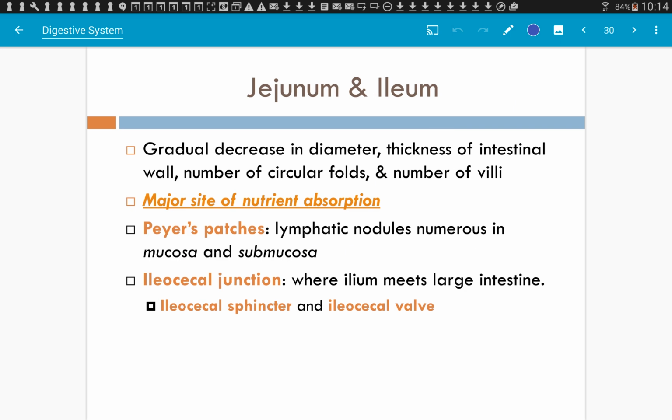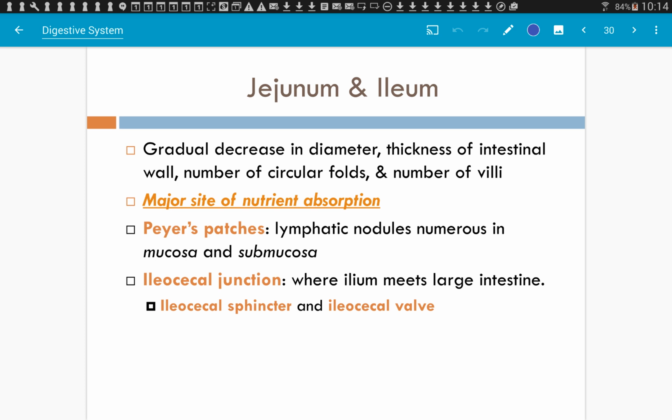Slide 30. Looking at the last two sections of the small intestine, which are the longest portions, the jejunum is the middle, and then the ileum is the last portion of the small intestine. What's really interesting is that the duodenum is the largest in diameter, and as you travel down the small intestine, the diameter gets smaller and smaller.